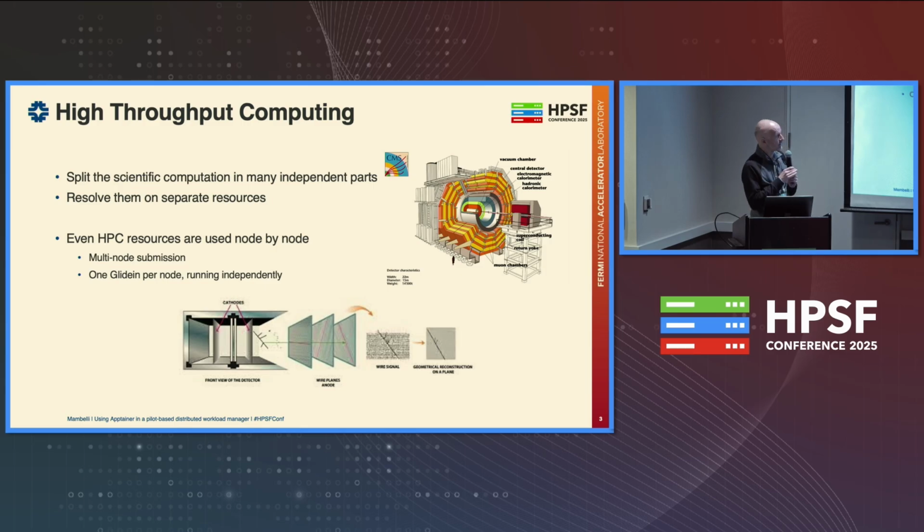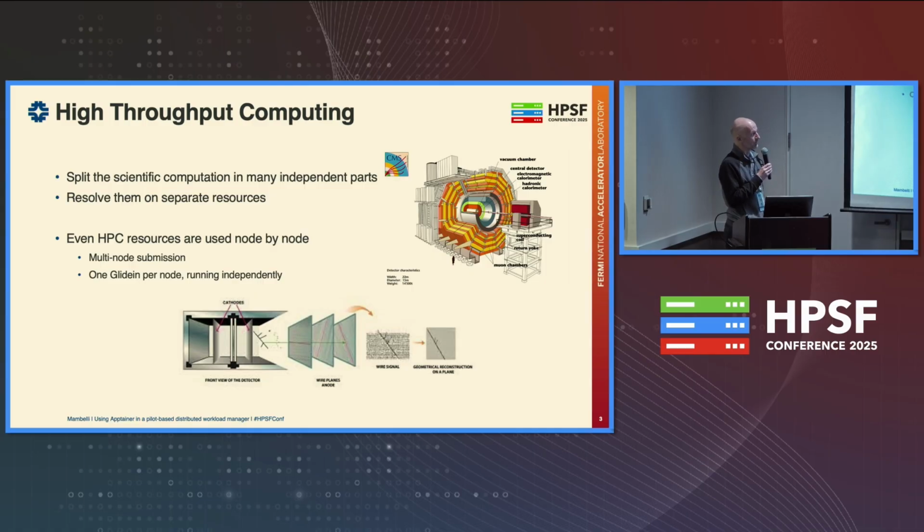First, we are in a high-throughput computing environment. That means that we split the scientific computation into many independent, small parts, and we resolve them on separate resources. These resources might go from a bare metal node, sometimes a VM, could even be a batch slot that has only a few cores inside one node.